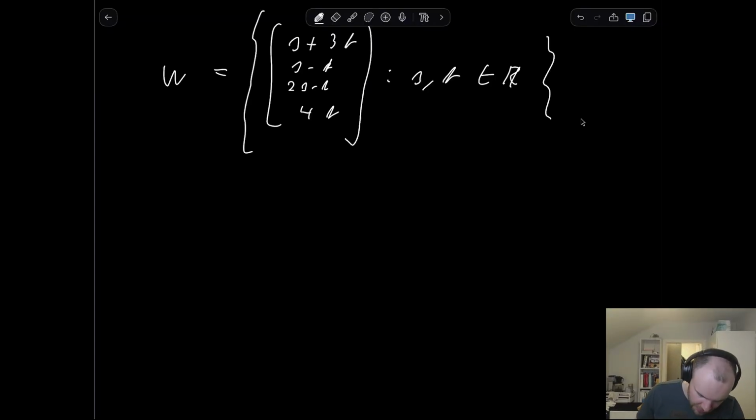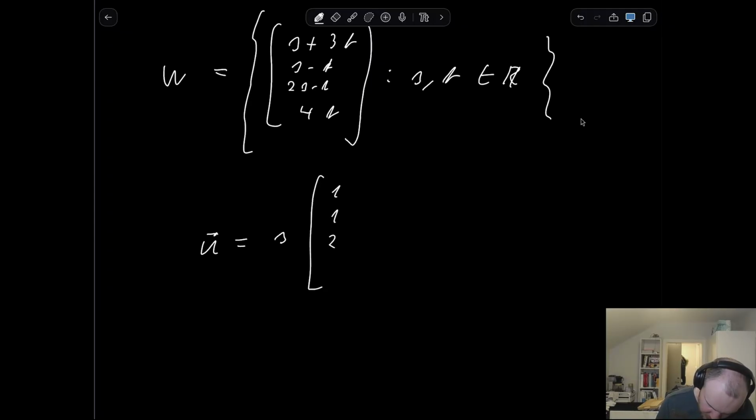Okay. So what we can do is state that vector u is equal to the coefficient of s, which is (1, 1, 2, 0). And then v is equal to (3, -1, -1, 4).